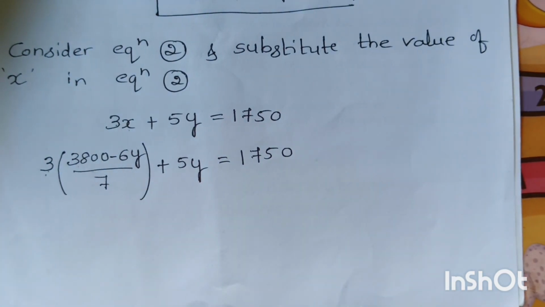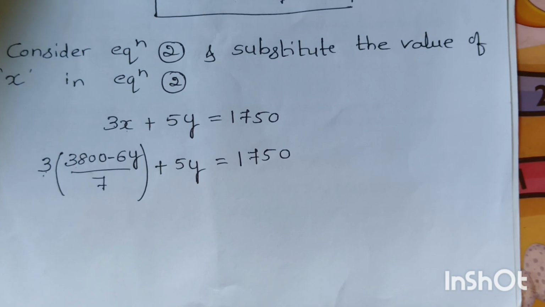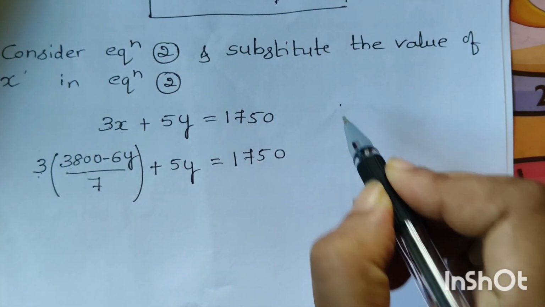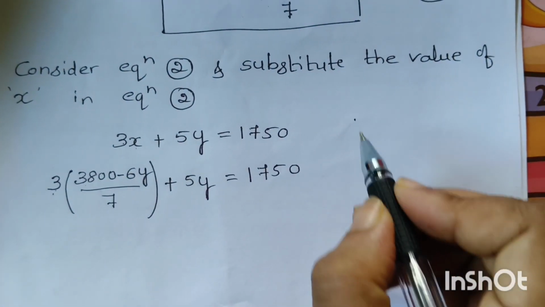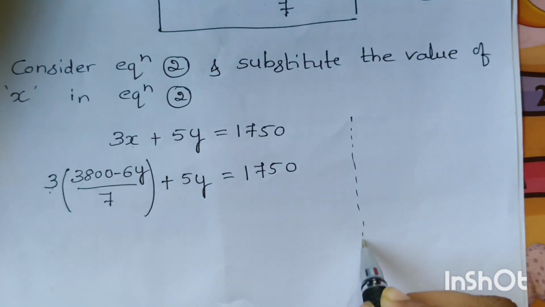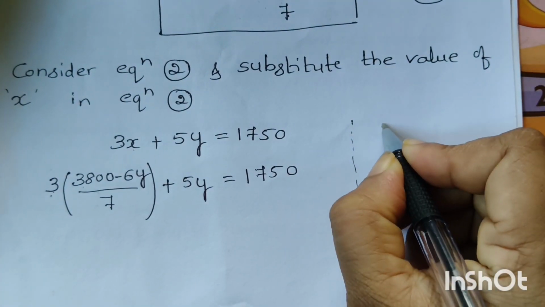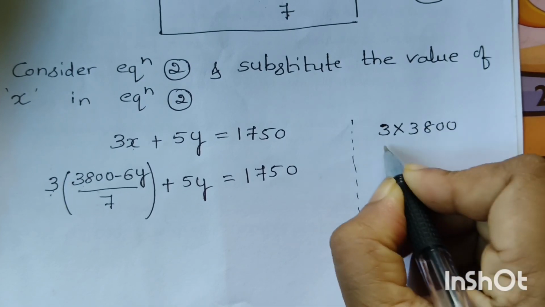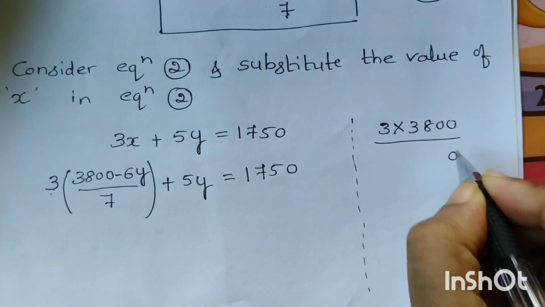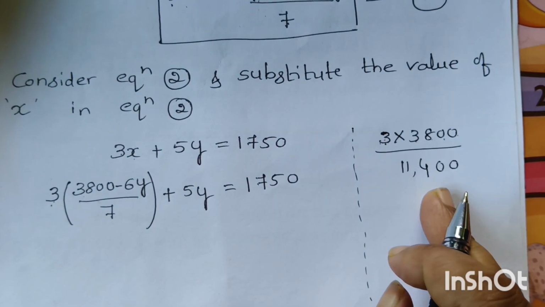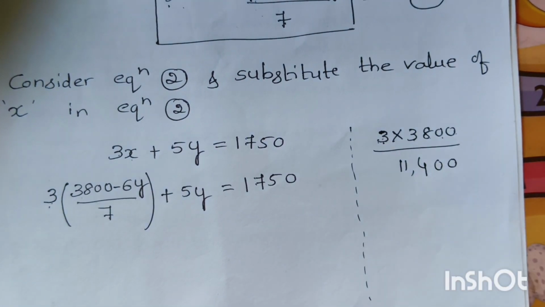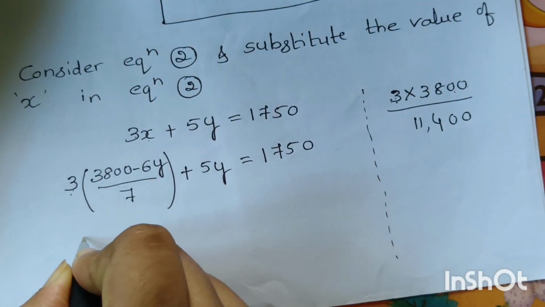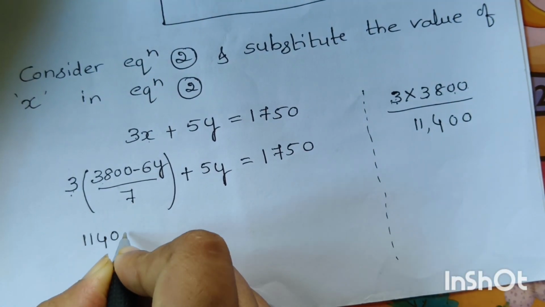3 into 3,800 is how much? Let me do the calculation here. 3,800 into 3 is 11,400. 11,400.